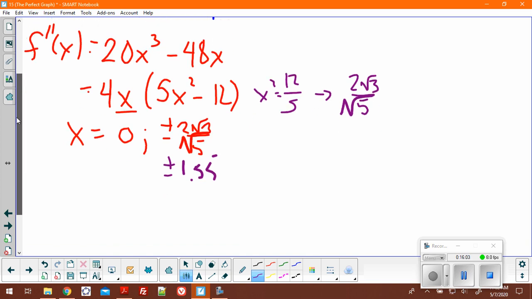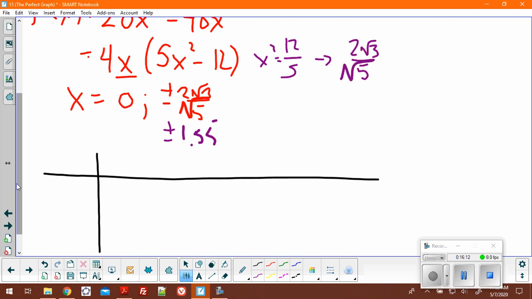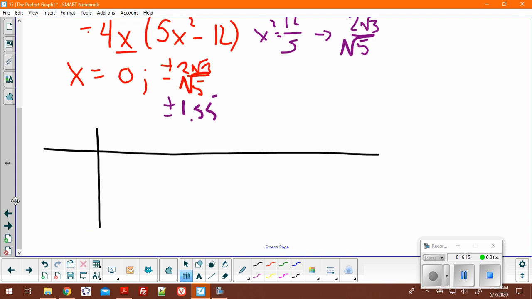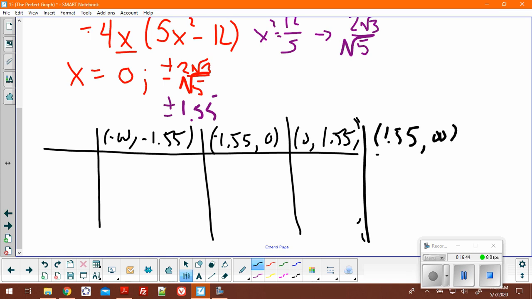Check the concavity. Once again, we're going to draw up a little table, and we're going to do the same thing we did in the previous part. My intervals now are from negative infinity to negative 1.55, negative 1.55 to 0, 0 to 1.55, and from 1.55 to infinity.